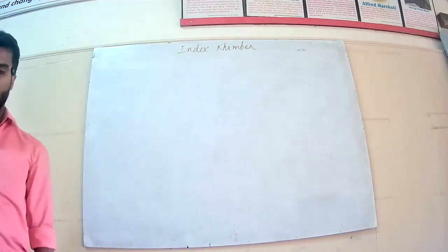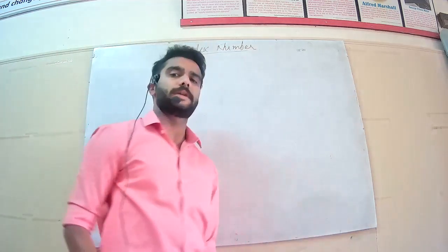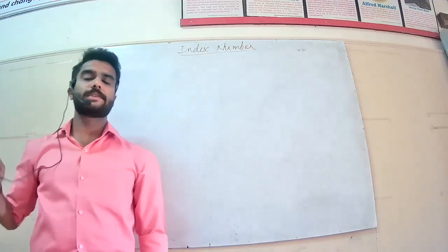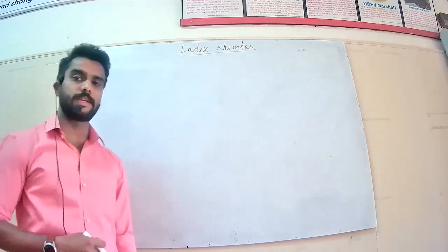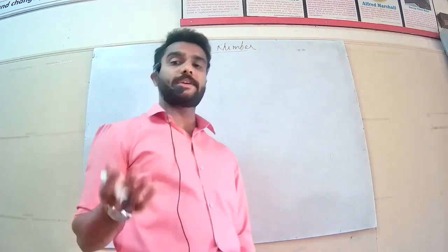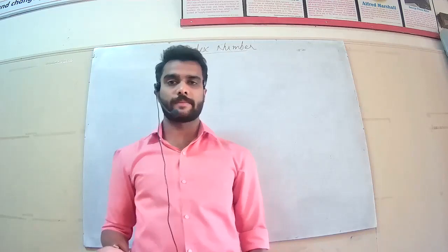In the previous section, we already know the steps involved in index numbers, and also that index numbers are used to identify the magnitude of changes and the direction of changes of different variables from time to time.